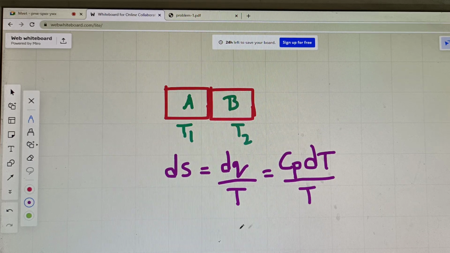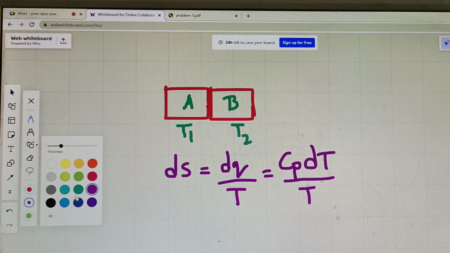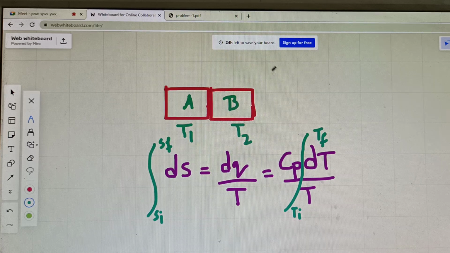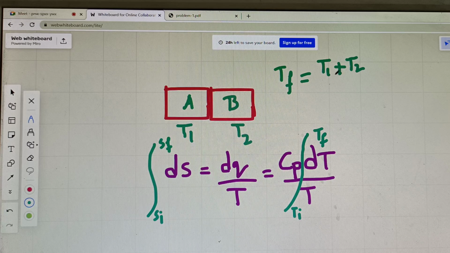So if we integrate this, Cp is constant, and integrate this. So here the integration is from S1 to S2, or we can write S initial to S final, and here also T initial to T final, where T final is equal to T1 plus T2 by 2.